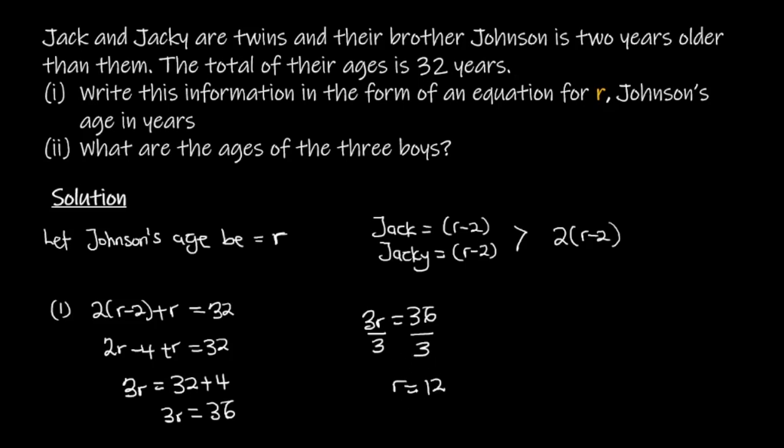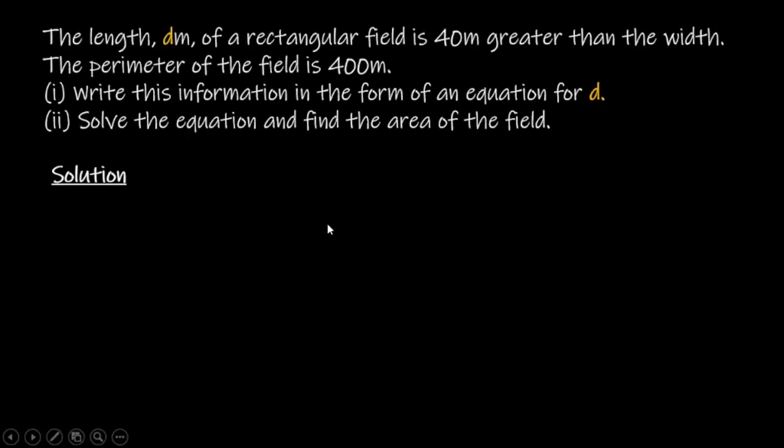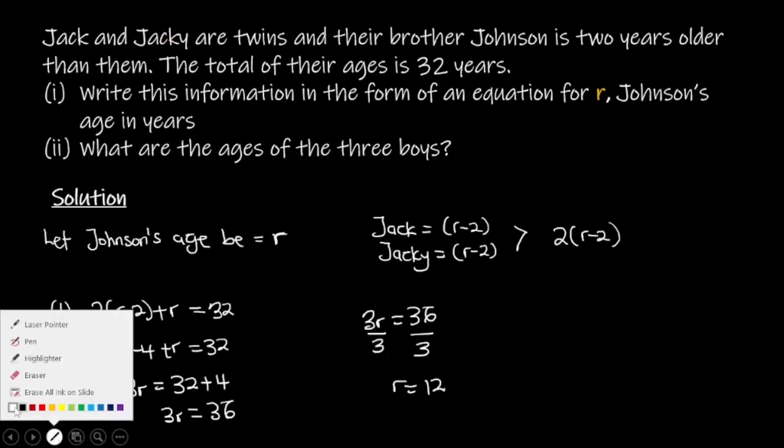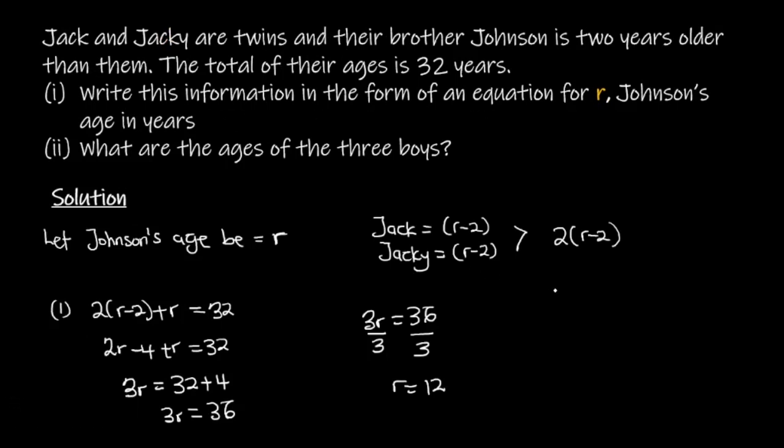Now that we found the value of R, which is Johnson's age, it means that Johnson's age is 12. Now Jack is 12 minus 2, which is 10 years.